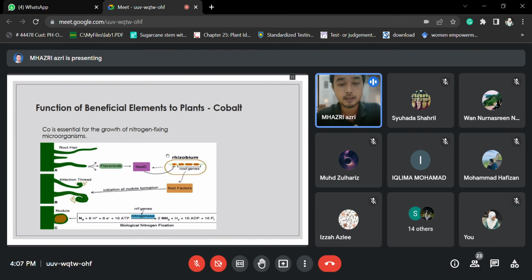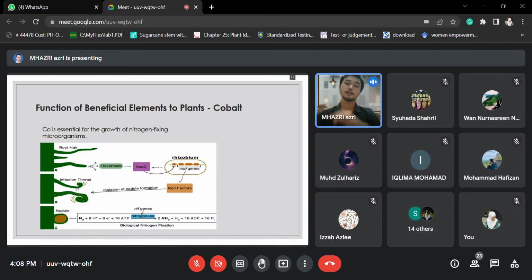Okay, rhizobiums ni dia akan absorb flavonoid and then dia akan activate dia punya nodulation genes. The nodulation genes ni akan active and produce certain chemicals. Okay, kita panggil lipochitooligosaccharides, LCO. Okay, so the LCO ni adalah chemical signal daripada rhizobiums kepada tumbuhan.